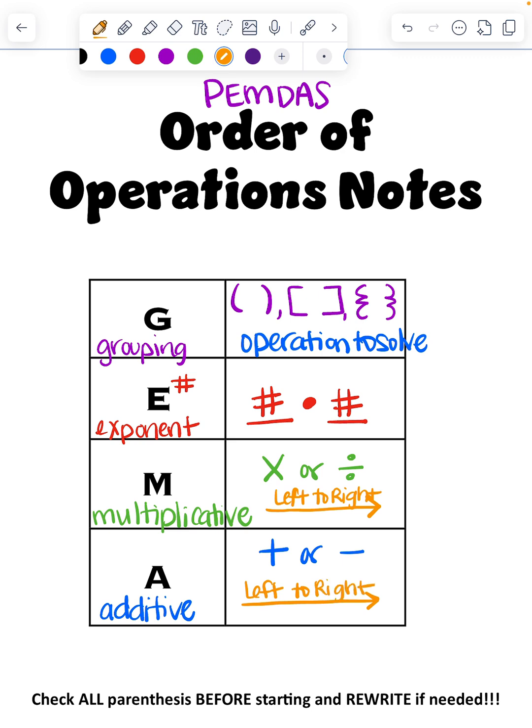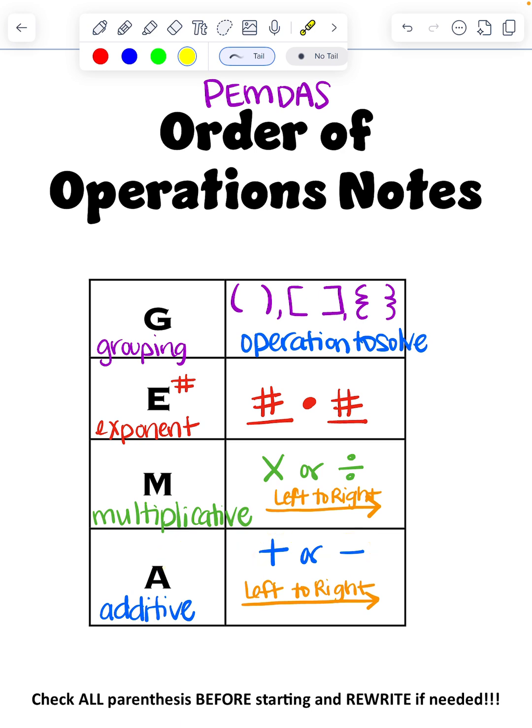It might be a situation where we go add, subtract, add, or where we subtract, subtract, add. All of those are additive relationships. Anything that's adding or subtracting falls under our additive section.